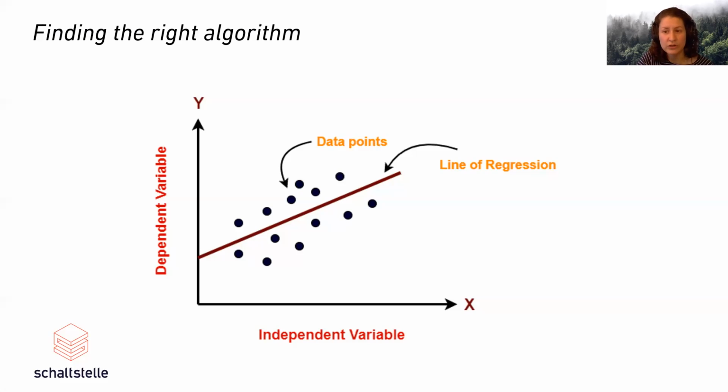In a prediction model that uses linear regression, the dependent variable is predicted with one or more independent variables. So the dependent variable is the thing that you predict. Through the shape of the data points, a line of regression is calculated that would then be the baseline for the next prediction that you want to make.